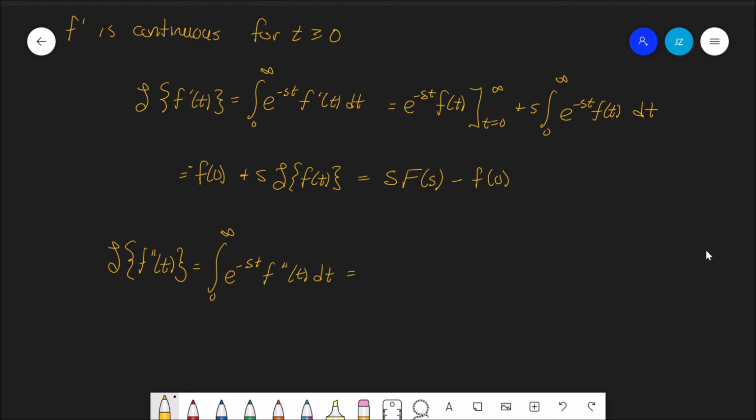So integration by parts, we'll get e to the negative s t times f prime of t from t equals 0 to infinity, plus s times the integral from 0 to infinity of e to the negative s t times f prime of t dt. This will give us negative f prime of 0.